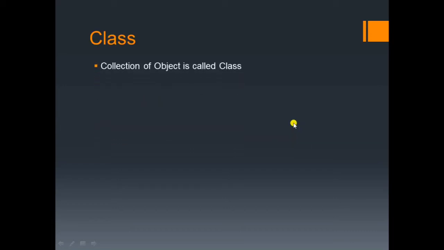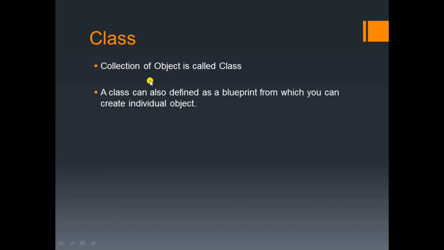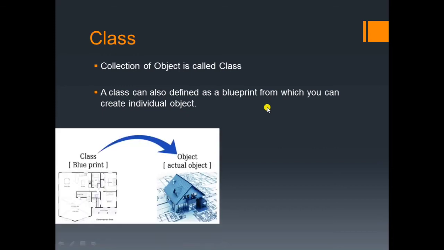The next topic is class. Class means a collection of objects. A class can also be defined as a blueprint from which you can create individual objects. Consider this example.